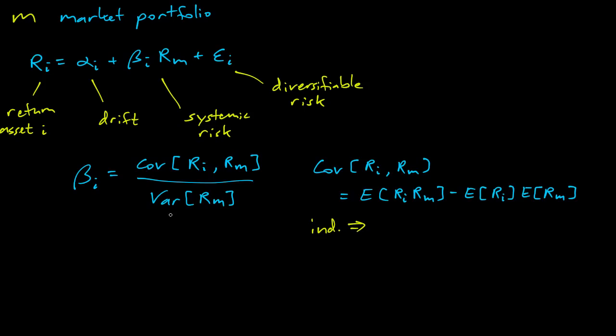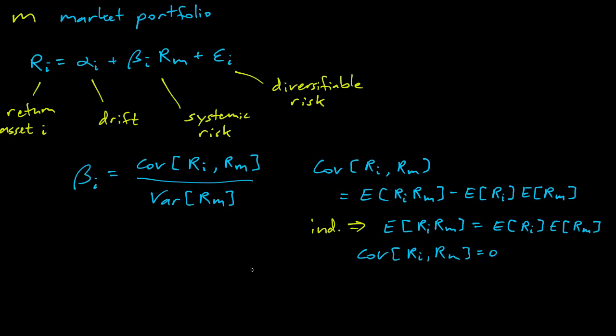What does that mean? If Ri and Rm are totally independent, then the expected value of the product equals the product of the expected values. And that means when we subtract these, we just get 0. And so beta, in this case, will be 0. So assets that are totally independent of the market will have a beta of 0.